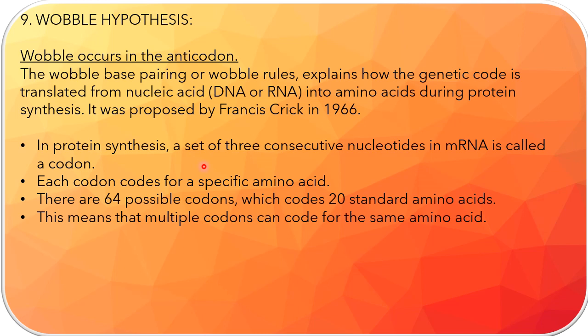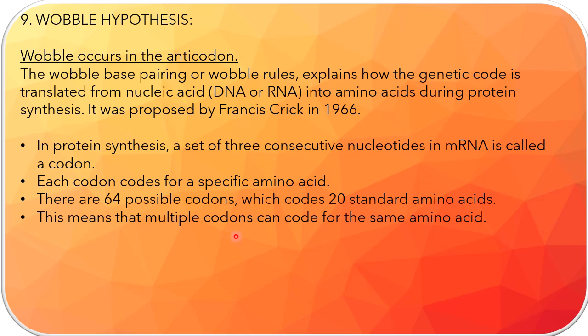There are 64 possible codons which code for the standard 20 amino acids, of which 61 are sense codons and 3 are nonsense codons, right? We have revised this. Now, this means that multiple coding can happen.